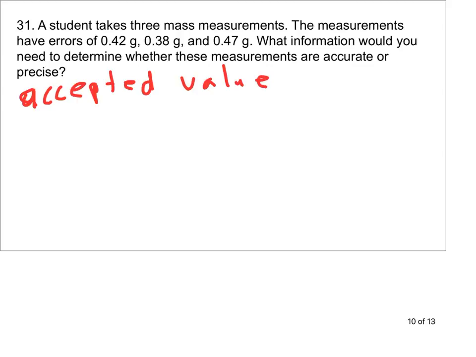So the accepted value has to be known to find accuracy, and for precision, depending on the accepted value, we might consider these precise or we might not. Just depends on what kind of number we're using. But whenever we want to find precision and accuracy, we always have to know the accepted value.